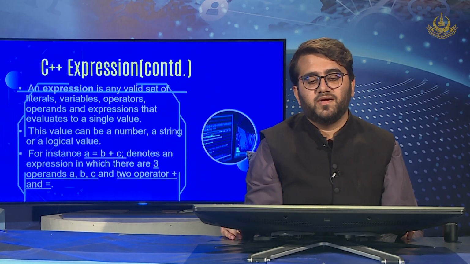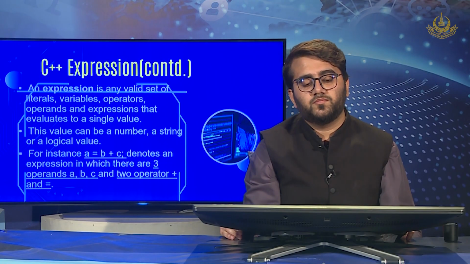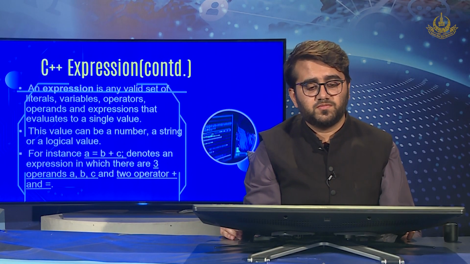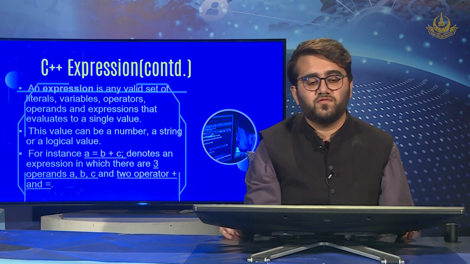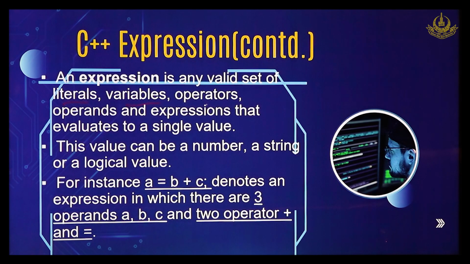Okay. So, here it goes into a little bit more detail and gives an example of C++ expressions. An expression is a valid set of literals, variables, operators, operands and expressions. An expression can also itself have an expression, meaning a C++ expression can be made of two expressions.